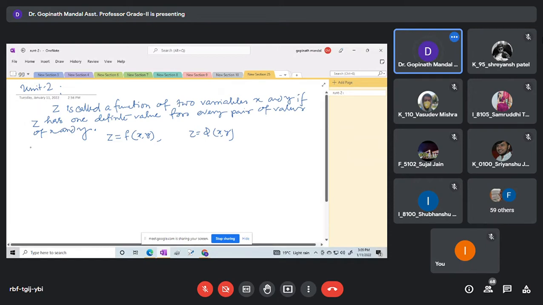So x and y are called independent variables, while z is called the dependent variable.